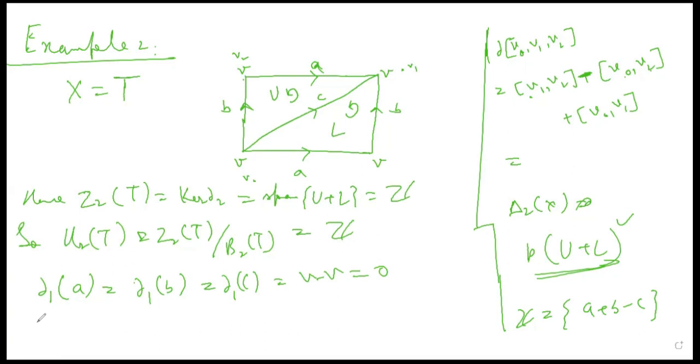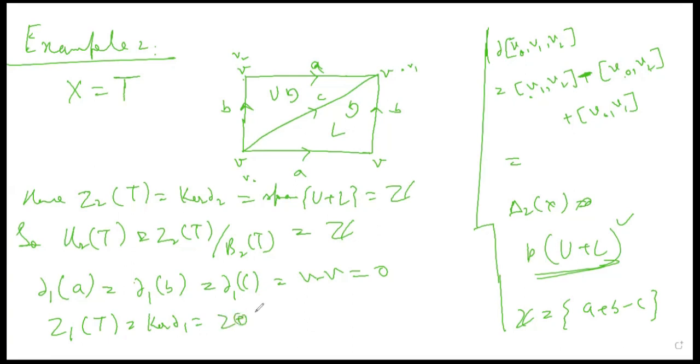So the kernel, Z1T equal to the kernel of this. It is generated by A, B, and C, all the three.